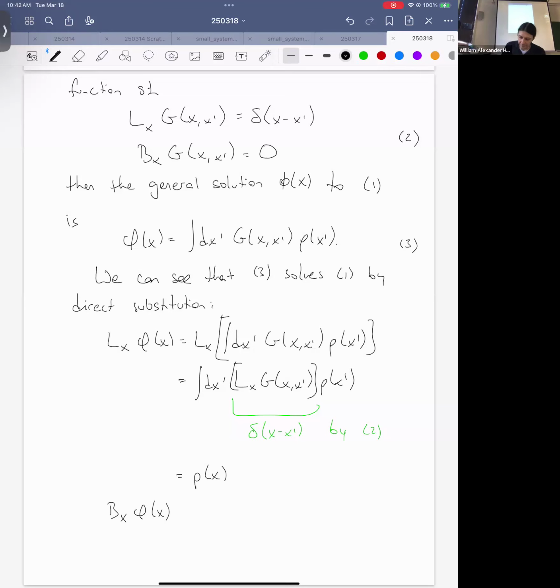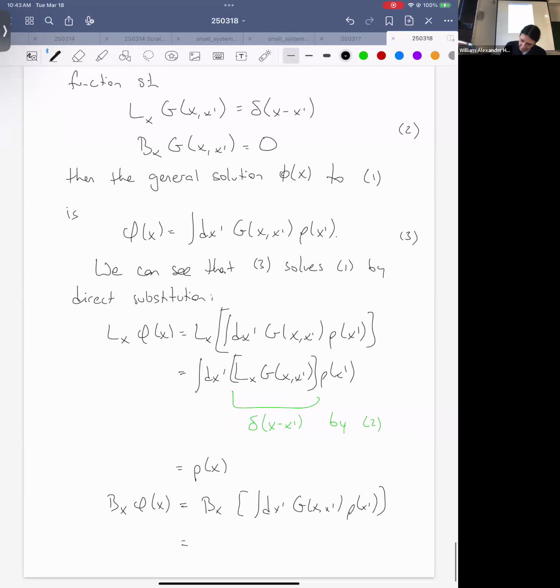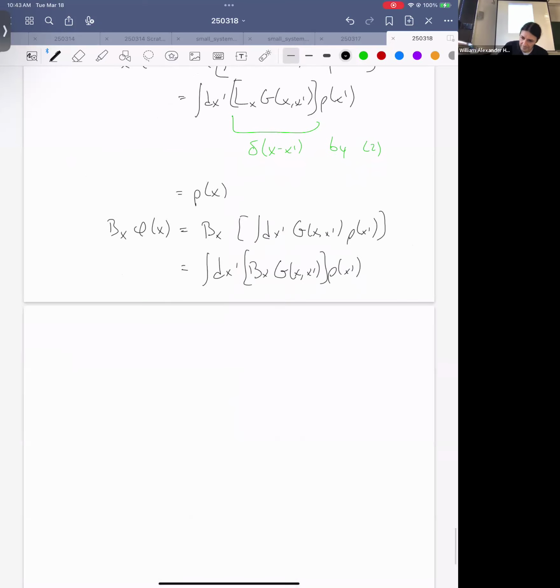So this is the boundary condition acting on the same integral dx prime, g of x, x prime, rho of x prime. The boundary condition goes straight through the integral, and then this is just always 0, again by 2. You integrate 0 a bunch of times, you're still going to get 0. Now, if you're integrating something that limits to 0, if you integrate it enough, you might not get 0. But if you're integrating actual 0, you're definitely going to get 0. All right, great.